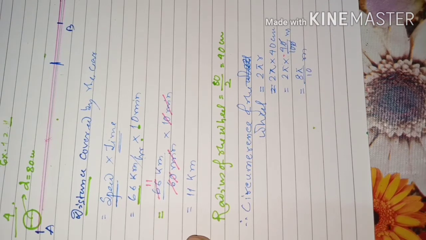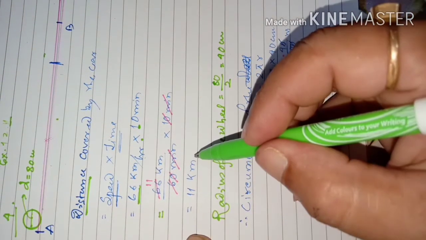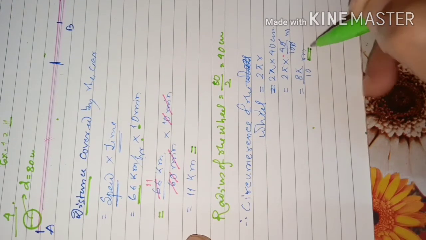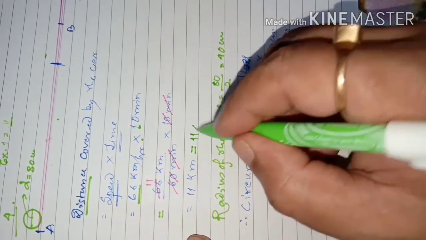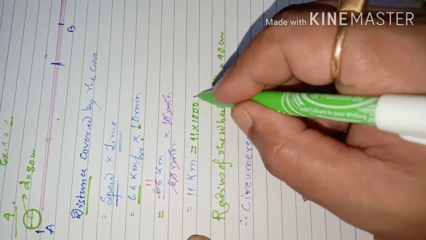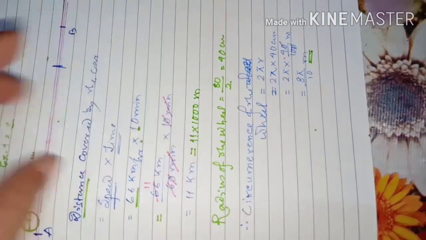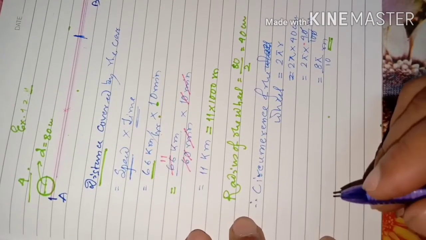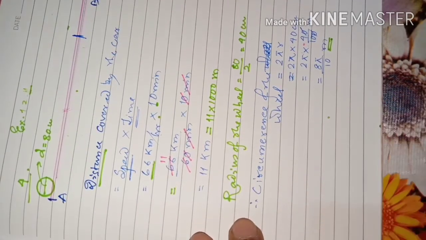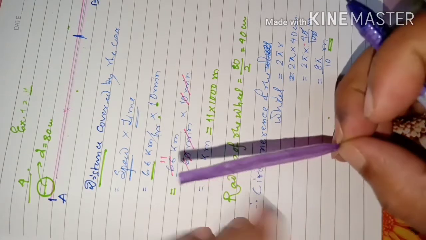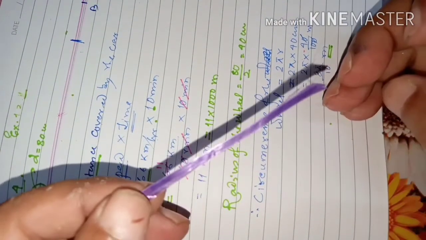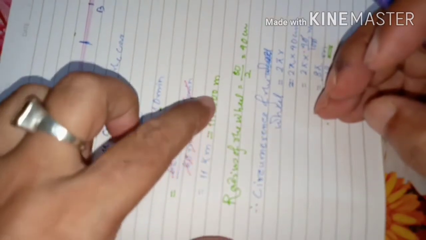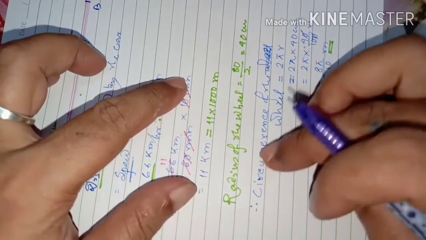And this distance also, which was 11 kilometer, we can write in meter. One common unit is necessary. This is also meter now, 11 into 1000 meter. So both these things will be required now. In one revolution it will cover its own circumference. So to cover this 11,000 meter, how many times does it have to rotate?